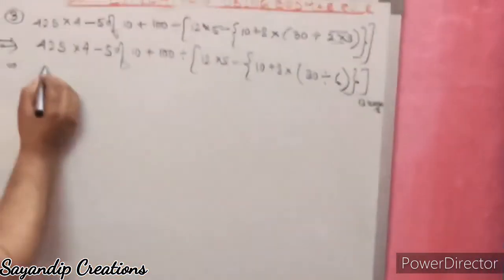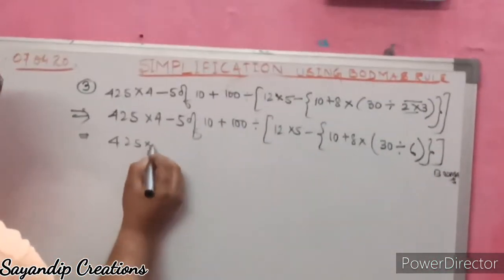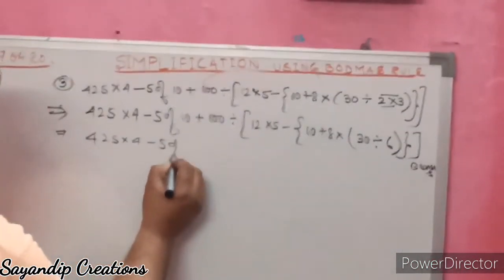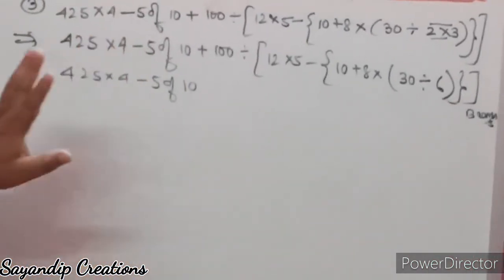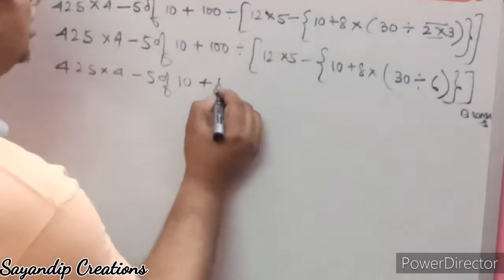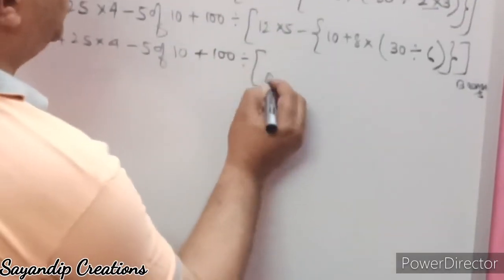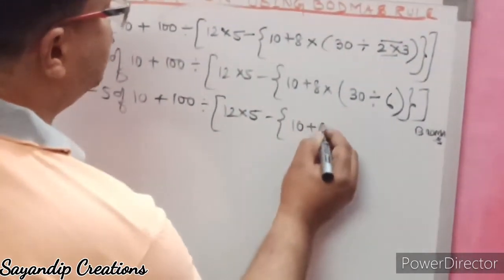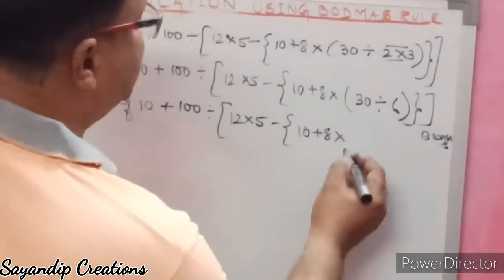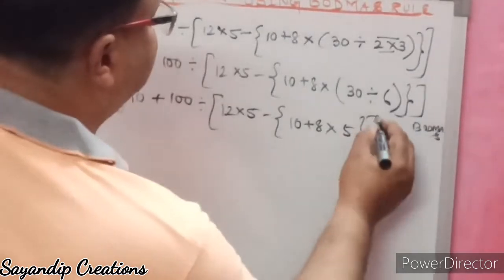Now come to the second step: 425 into 4 minus 5 of 10 plus 100 divided by 12 into 5 minus 10 plus 8 into 30 divided by 6 is 5. Don't do the 'of' first. If you want you can, but that is not the correct step.